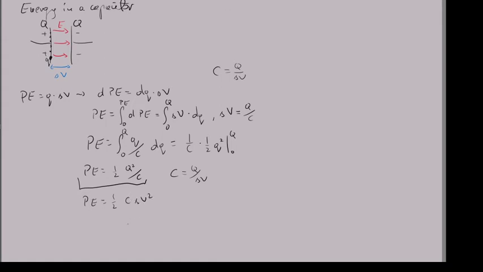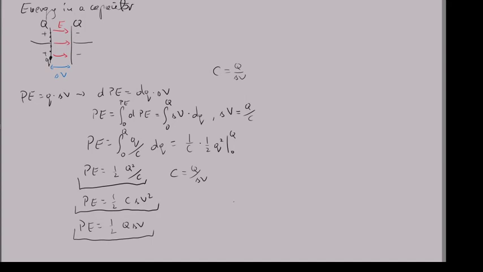Half C delta V squared is one option, and then another option that I could do is half Q delta V. Let's make sure I got this right. Half Q delta V. Yeah, all right. So these are the three equations you could use for the potential energy of a capacitor.